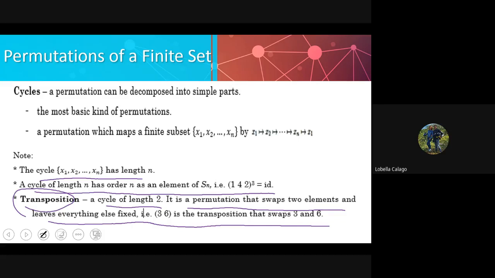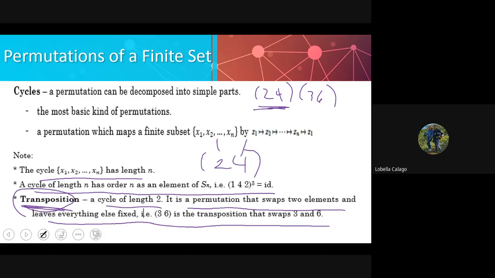For example, cycles, ganyan no, (2 4 3 6). Cycles po yan. Pero ito, sample (2 4), kasi dalawa lang kanyang elements. So therefore, it is called a transposition.